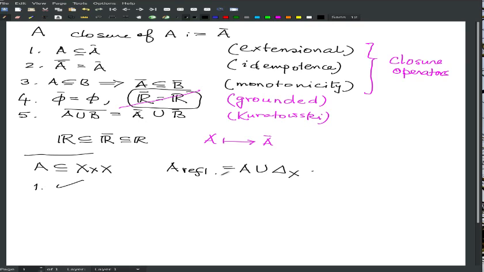Now, the reflexive closure of the reflexive closure. Well, this is going to be A reflexive from your formula, but this is again the same as A reflexive. So the idempotence is also satisfied and monotonicity is also satisfied.